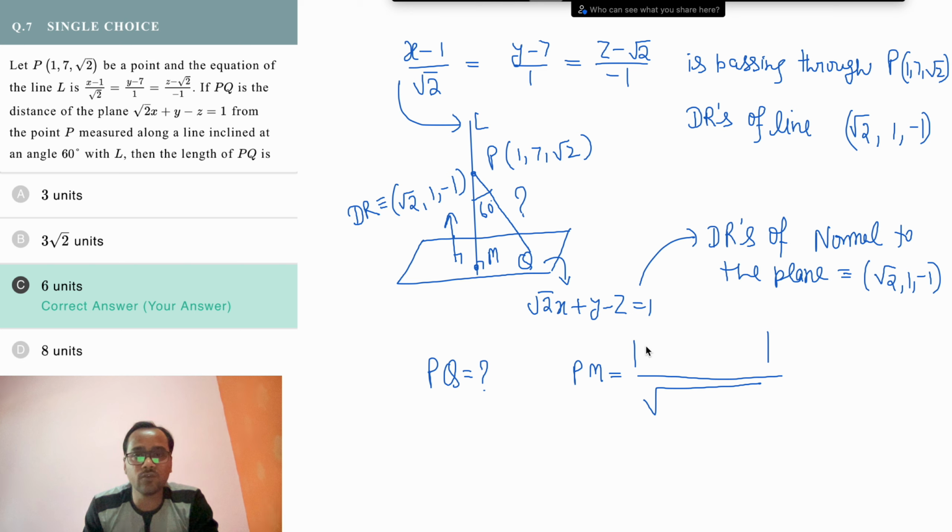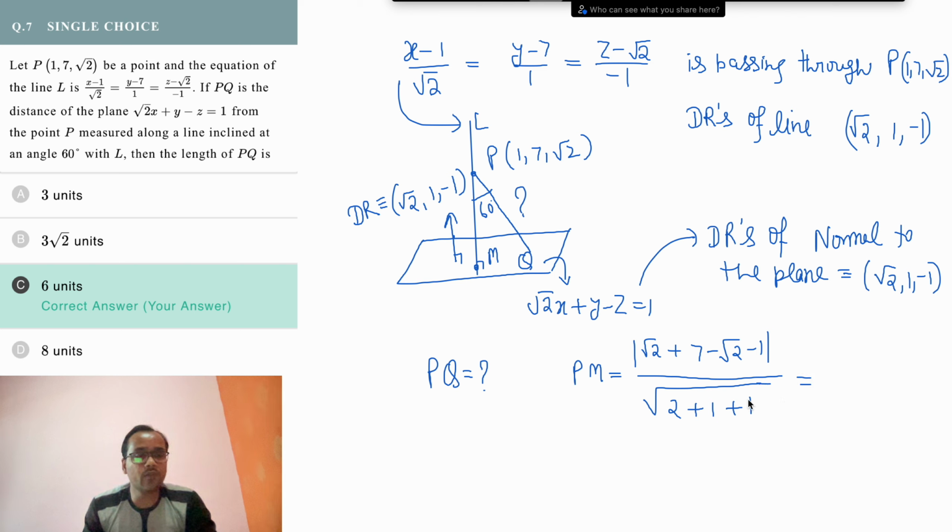That will give you root 2 into 1, that is root 2, plus 7, minus root 2 into root 2, minus 1, upon root of a square plus b square plus c square, that is root 2 square 2, plus 1 square 1, plus minus 1 square is plus 1.